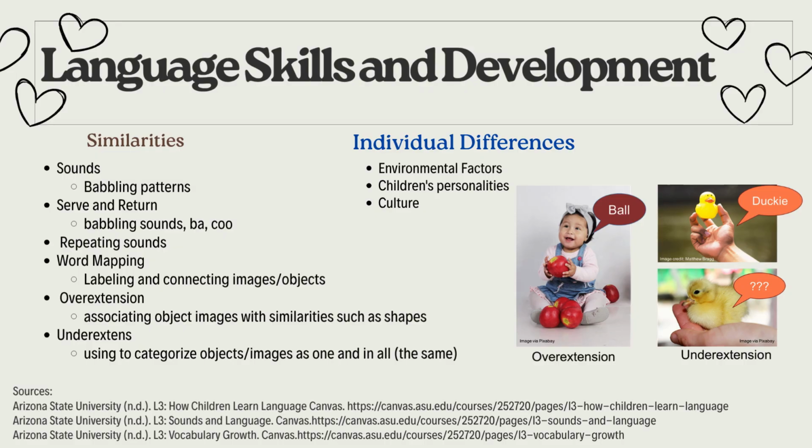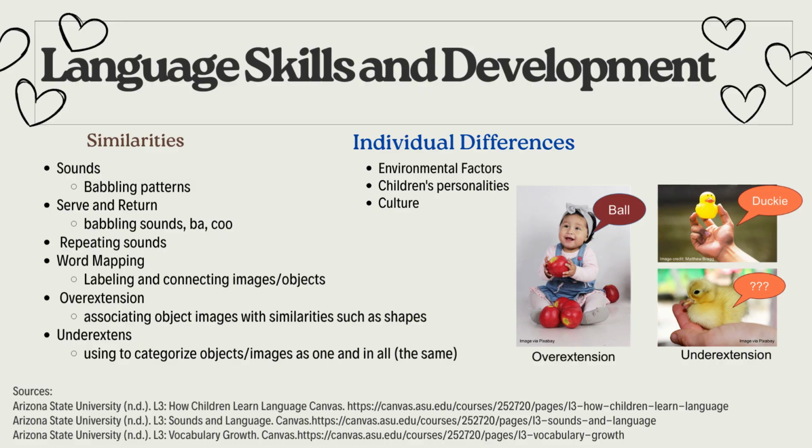Many factors can impact a difference in language development, such as environmental factors. Depending on the child's environment, there will be an impact on the exposure to language and communication. A child's personality and how they interact with others can also have an impact on their development of language.